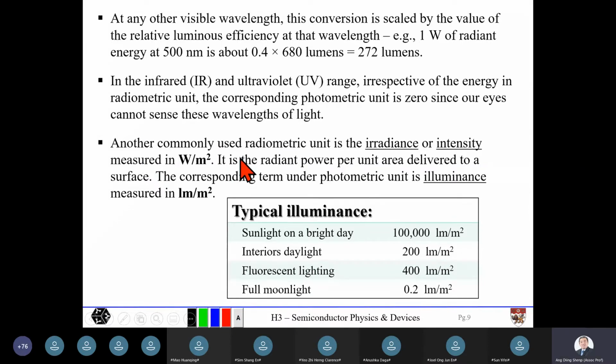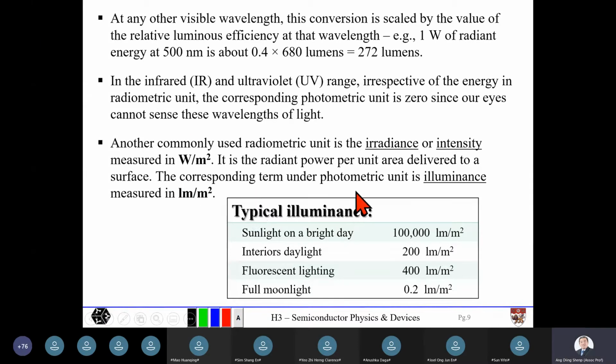Another commonly used radiometric unit is intensity, or irradiance, which is measured in watt per meter square. It is the amount of light power delivered per unit area of the surface.